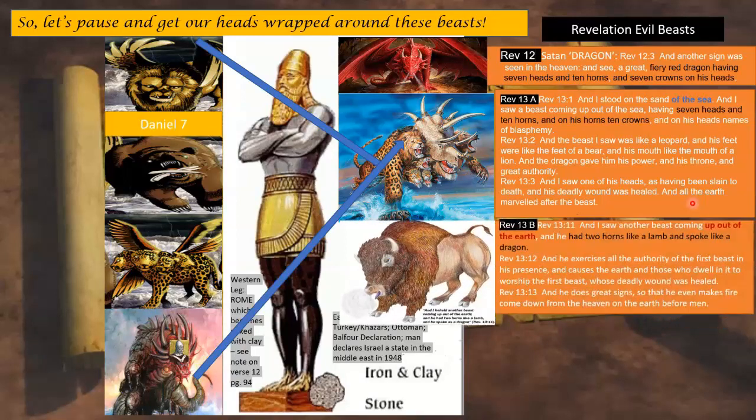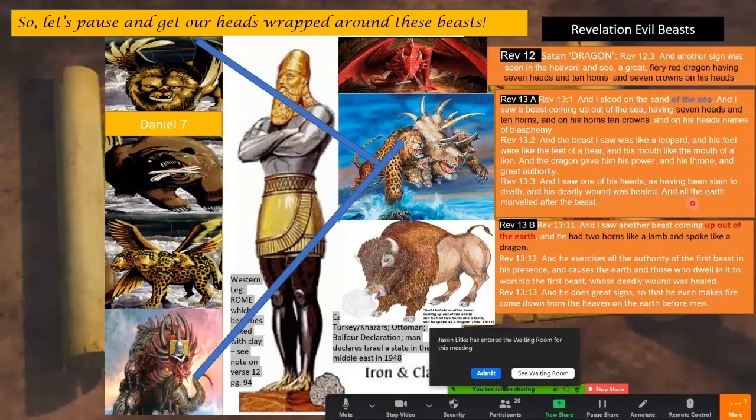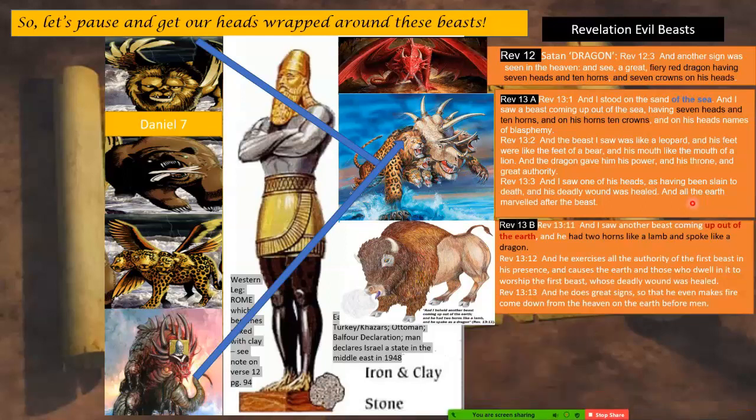And in Revelation 13b, we see, and I saw another beast coming up out of the earth. So the Revelation 13a beast comes up out of the sea, just as the Daniel 7 beasts came up out of the sea. The beast in Revelation 13b is when they see another beast coming up out of the earth, and he had two horns like a lamb and spoke like a dragon, equating to the false prophet or false prophets.